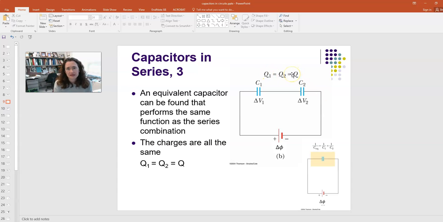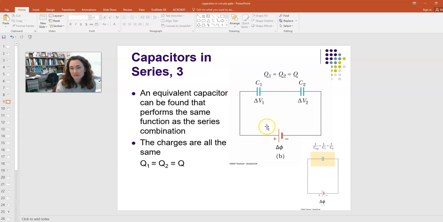Now, unlike in our previous example for parallel branches, the voltage drop across capacitors in series does not necessarily have to be the same, okay? What does have to be true, though, is that for this simple circuit we have here, a battery hooked up to two capacitors, they're going to get some voltage on each of them, voltage 1 and voltage 2. The battery is forcing the circuit to hold a certain total amount of voltage drop.